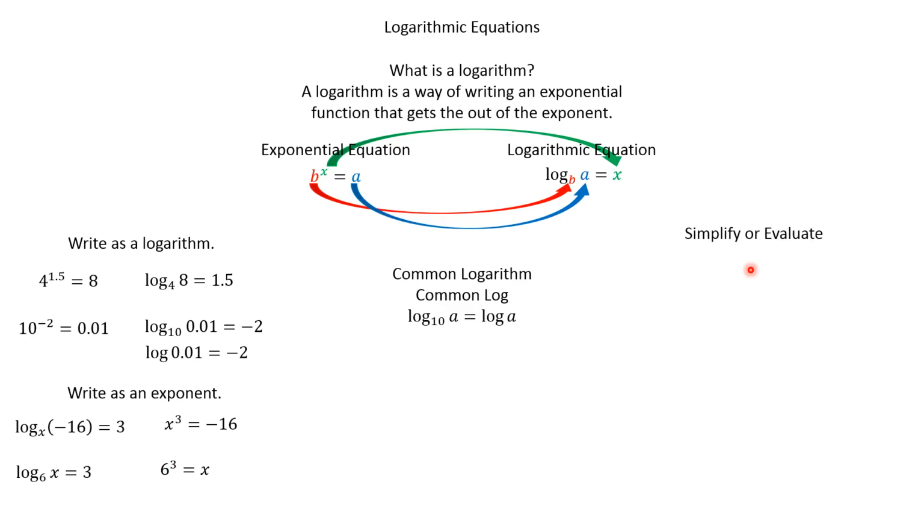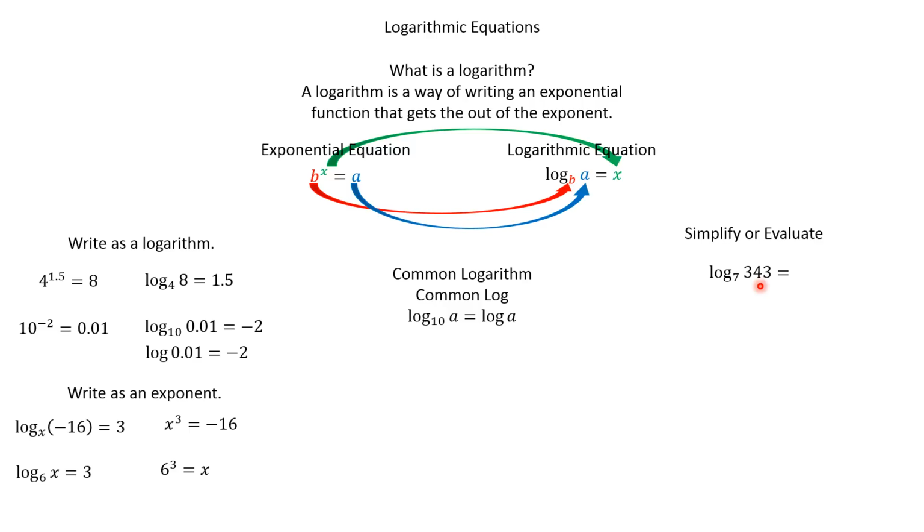The other thing we're going to be doing is simplifying or evaluating, and this is using mental math. These are all going to come out nice. They're going to be fairly small numbers, but it's going to be things like log base 7 of 343 equals something. Now, when you think about this, think about it as an exponential equation. 7 to some power equals 343. 7 to what power?